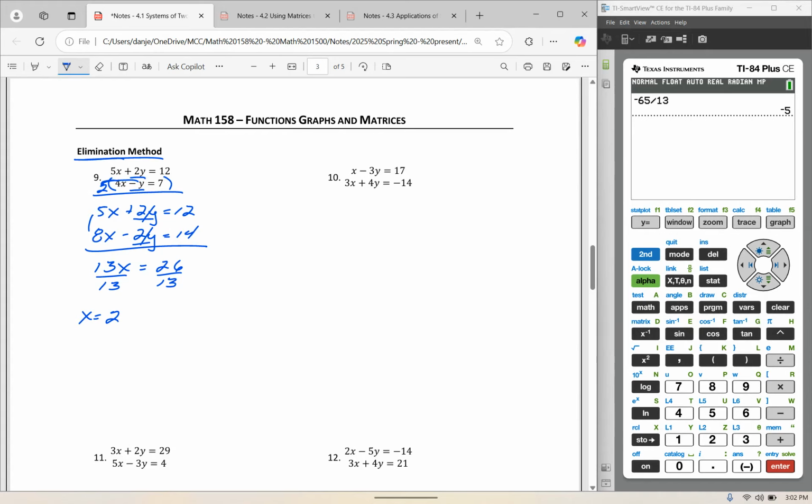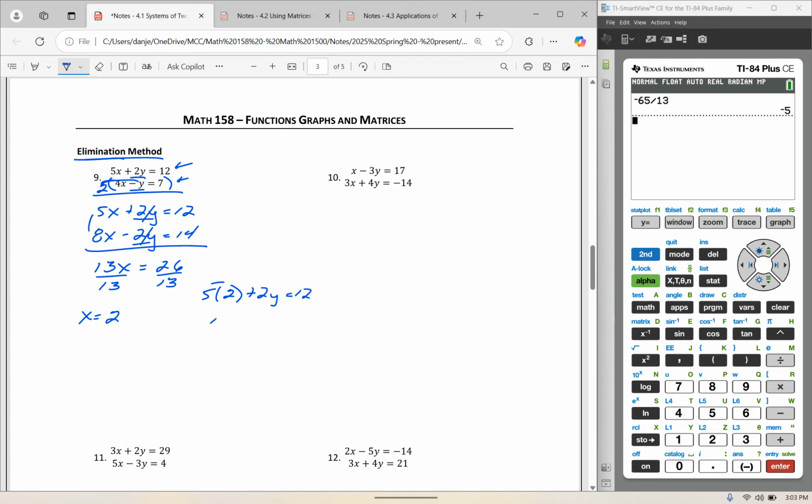Now, a difference between the elimination method and the substitution method is that in the substitution method, because we had solved the second equation for y, when I got x, I could just plug it right back into there. Now I have to take that 2 and plug it into either the first or the second equation. I'm going to choose the first. No particular reason.